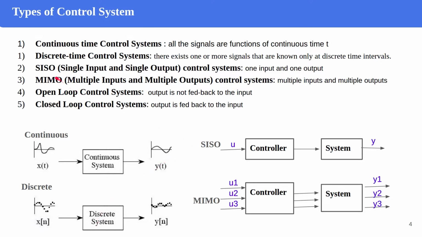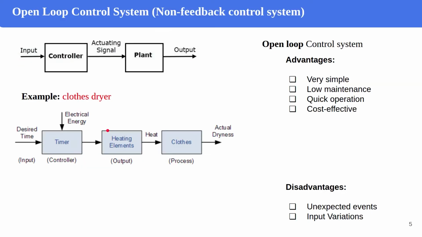We also have SISO, single input and single output control systems. As you can see here, we have only one input and one output. And we also have MIMO, or multiple input and multiple output control systems. As you see, we have multiple inputs and multiple outputs. Finally, we have the open loop control system and the closed loop control system, which I'll show you in the next slides.